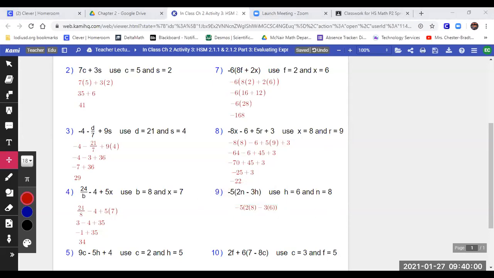Now, what do we handle now? Well, what do we do now?